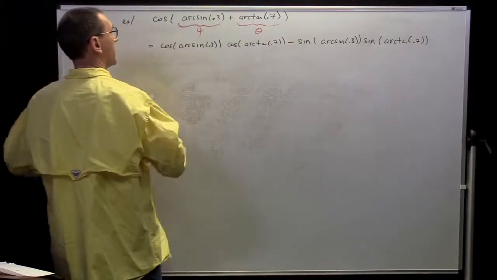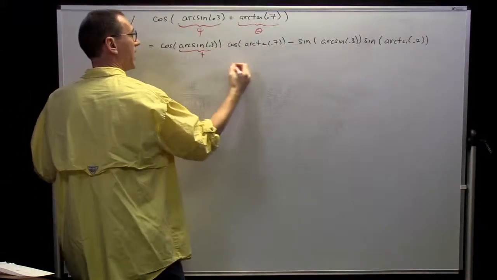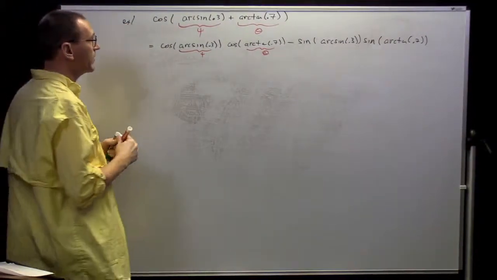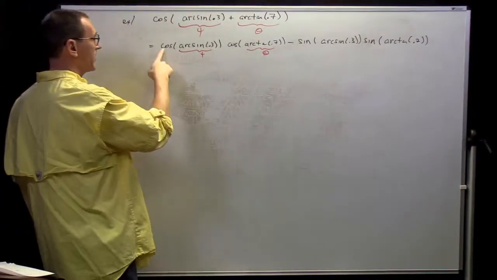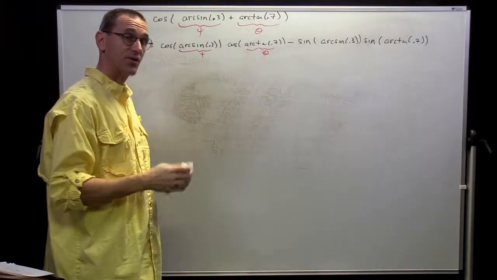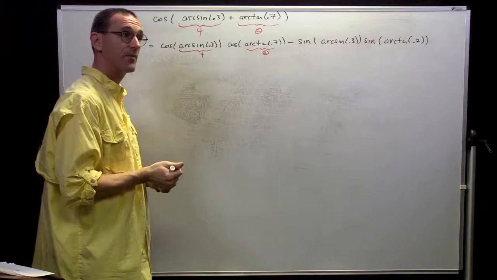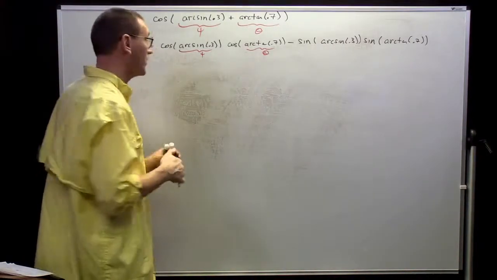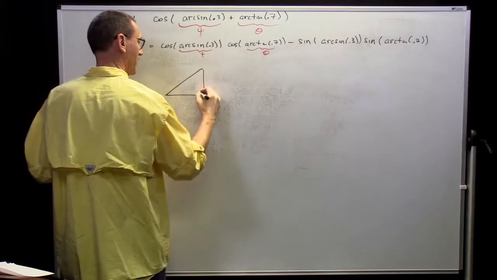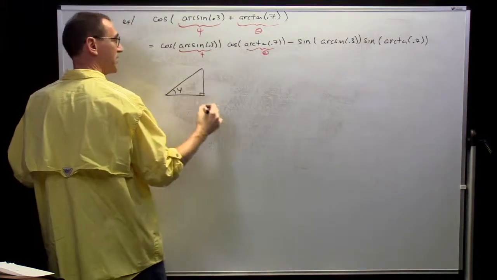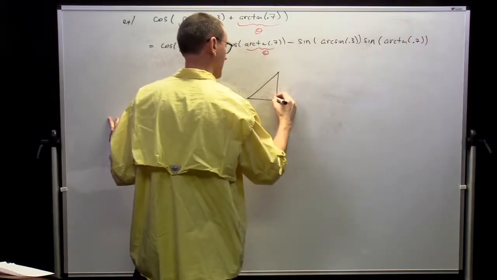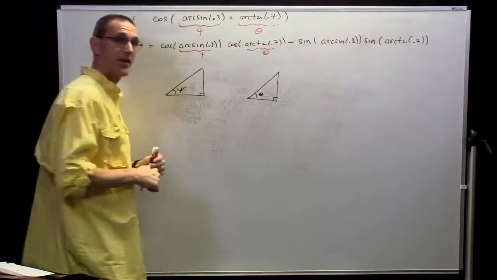So again, this is some angle psi, that's some angle theta, and I don't really care what those angles are. What I care about is what's the cosine and the sine of those angles. So now I'm going to switch gears and think about what this means in terms of right triangle trig. This is just like the stuff we've done before. So let me call this angle psi. Let me call that angle theta.